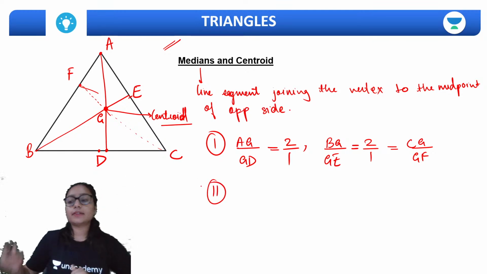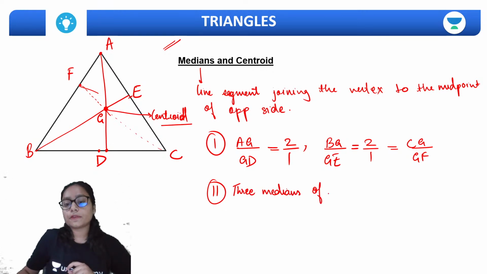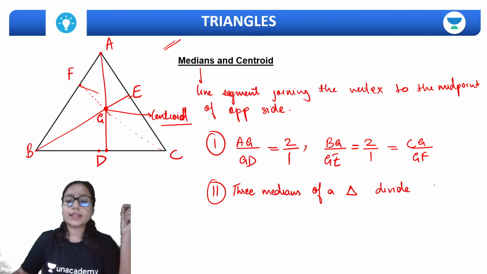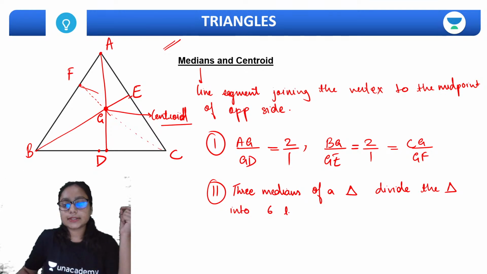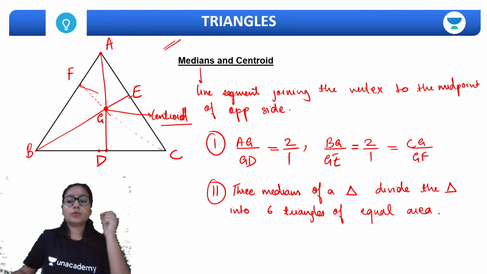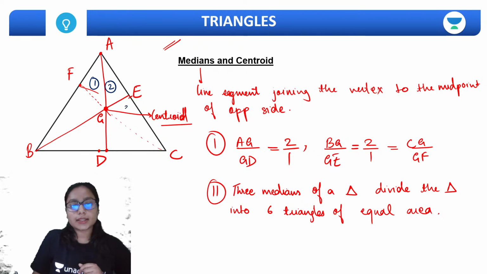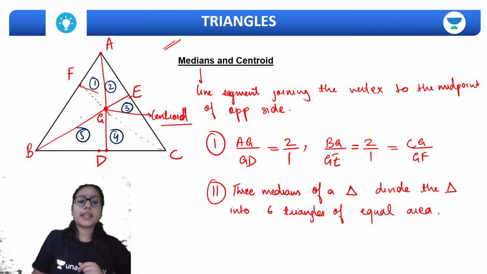The second property, the very important property, is that the three medians of a triangle divide the triangle into 6 smaller triangles of equal area. Alright, of equal area. So how many triangles are formed here? 6 triangles. Triangle 1, 2, 3, 4, 5 and 6.